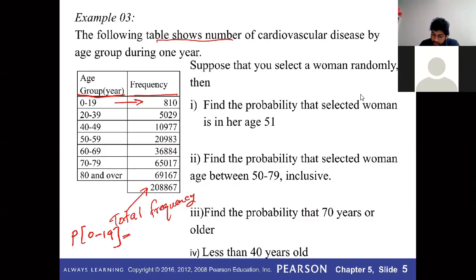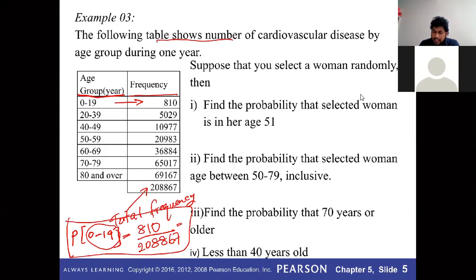The frequency belonging to this group is 810, divided by the total frequency, which here is 2,088,67, about 200,000. If you divide this, you will see that this value is less than 1 and greater than 0. This is how we find the probability of a given event.